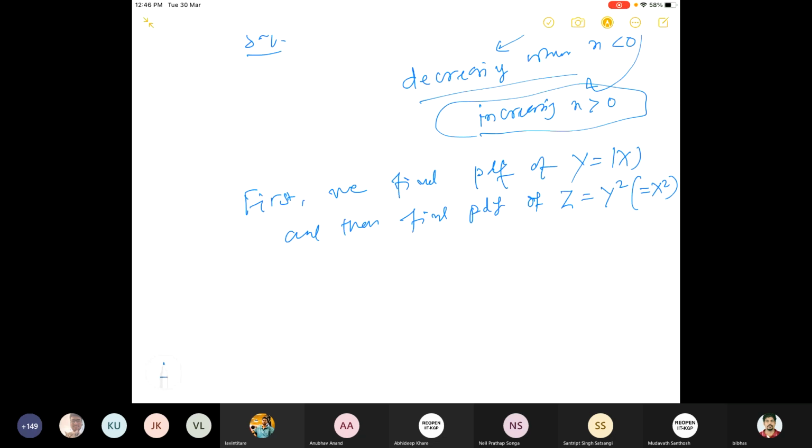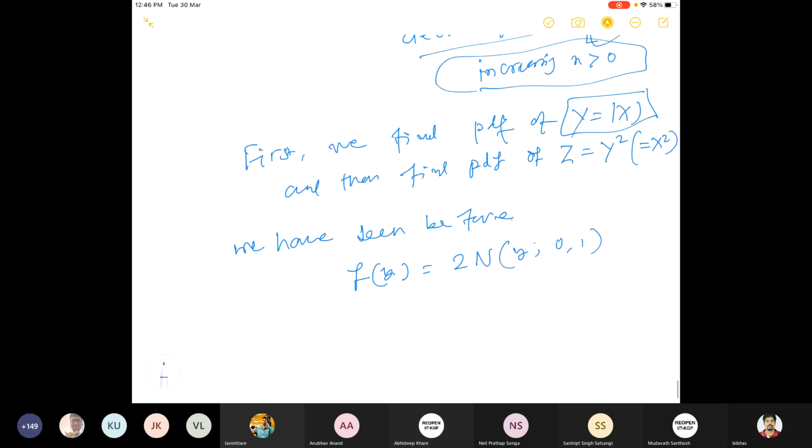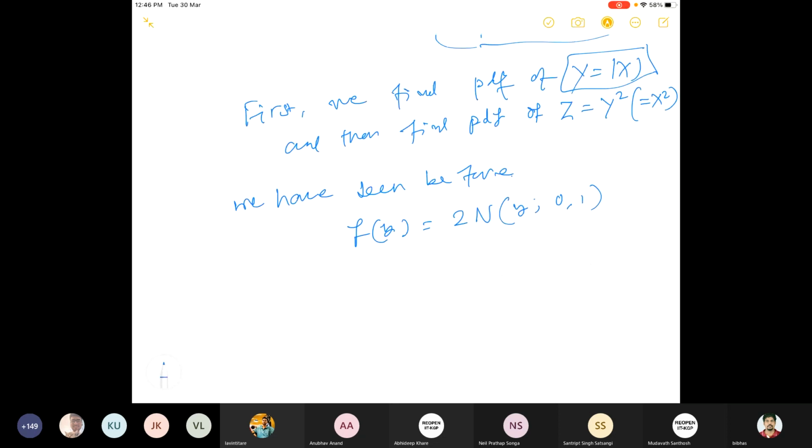We already have seen in the previous example what the PDF of y is when x is a random variable. We have calculated that before. It is two times N(0,1), where 0 is the mean and 1 is the standard deviation, mu and sigma.